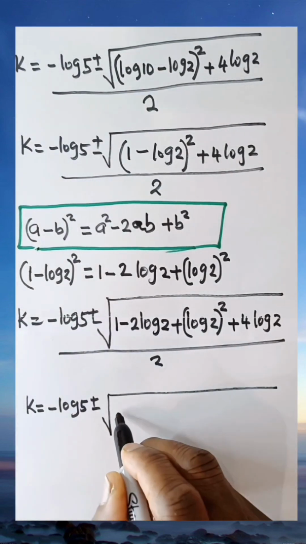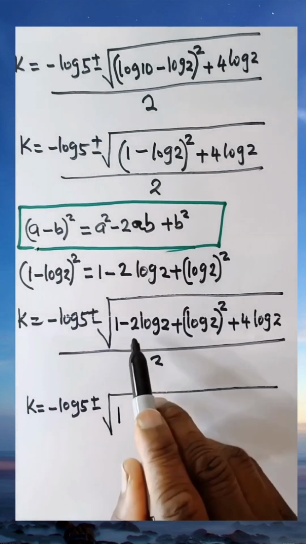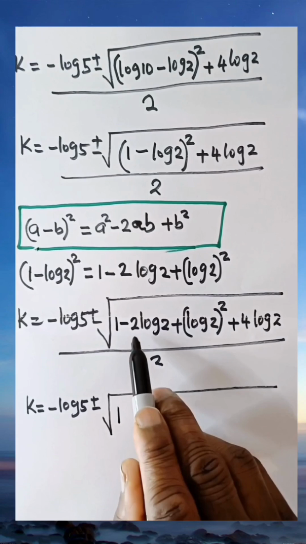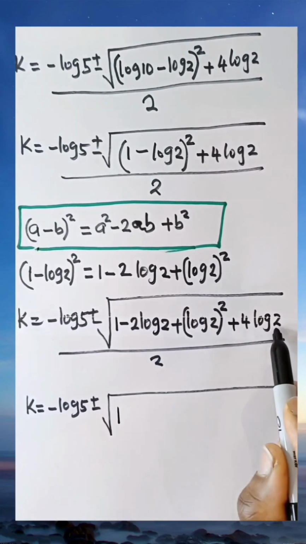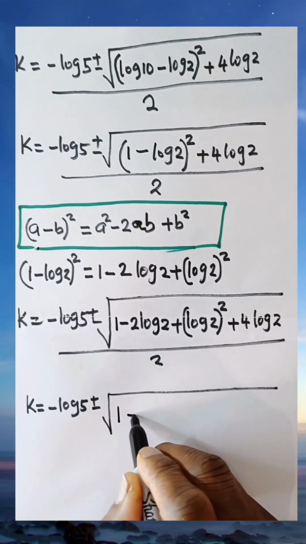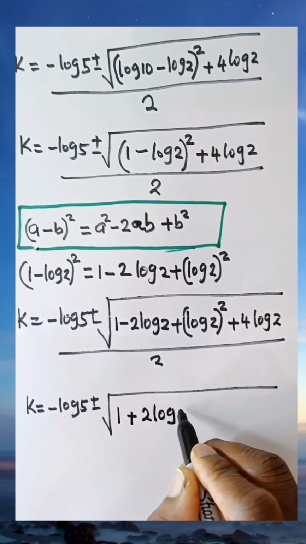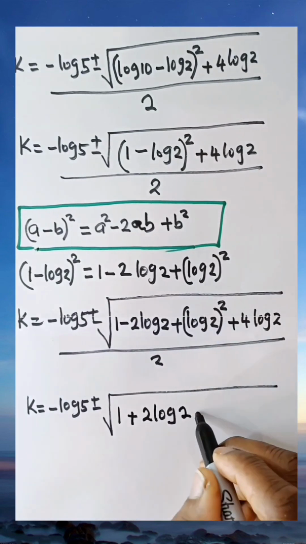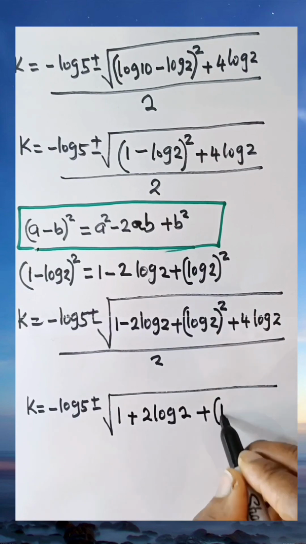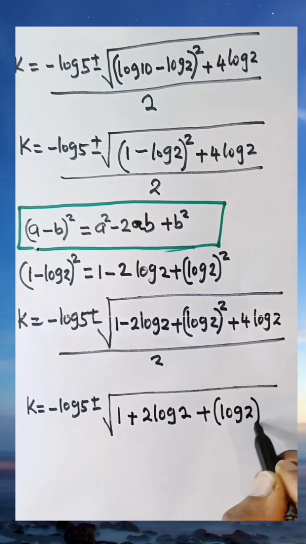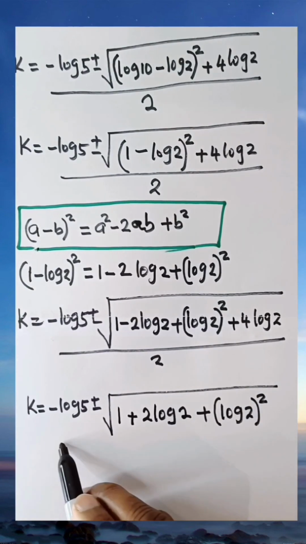Here we have 1. Let us add these two logs together: minus 2 log 2 plus 4 log 2 will give us plus 2 log 2. Then plus log 2 squared, divided by 2.